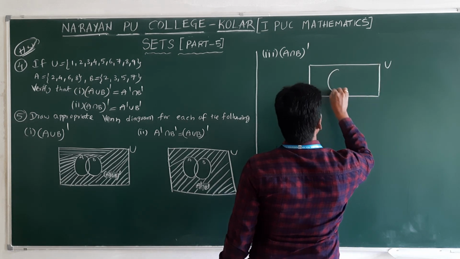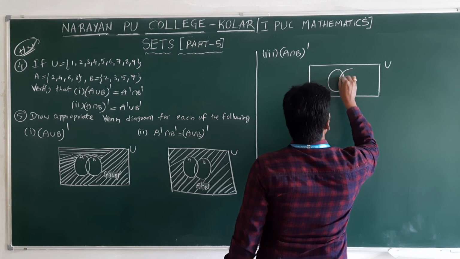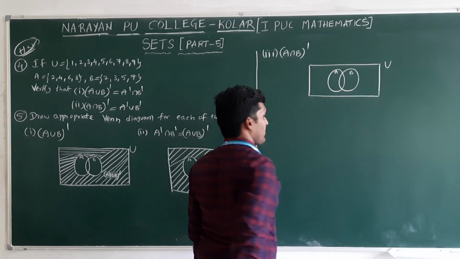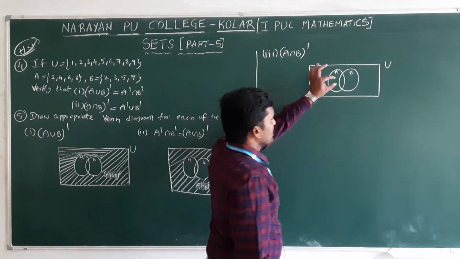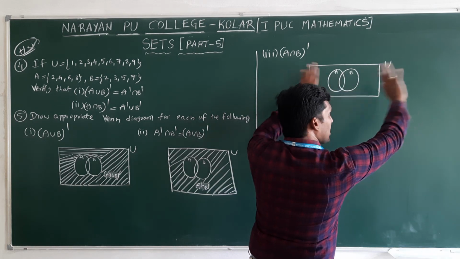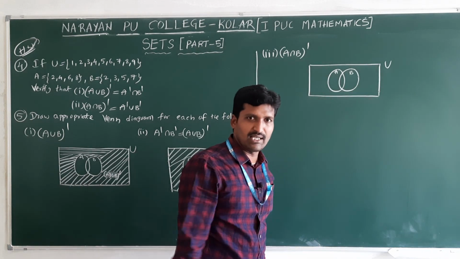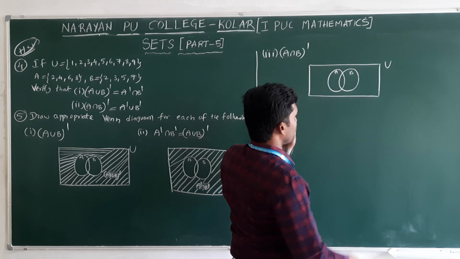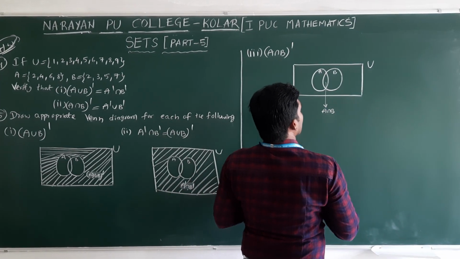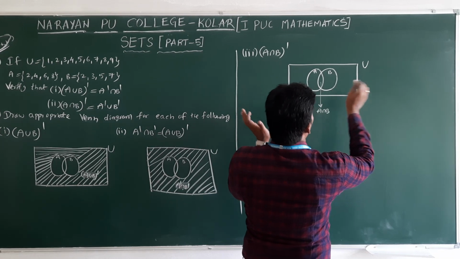Universal set. This is A set, this is B set. This is A intersection B. Not means except this, the remaining complete part is the required one. Clear?